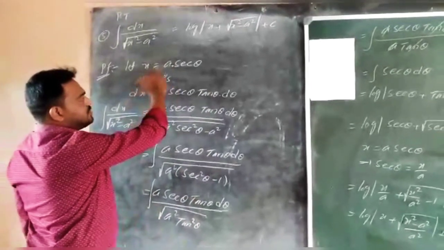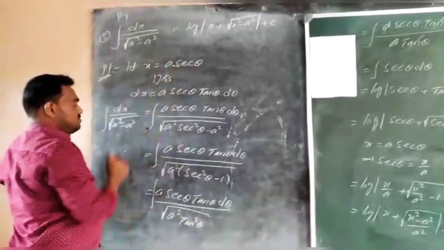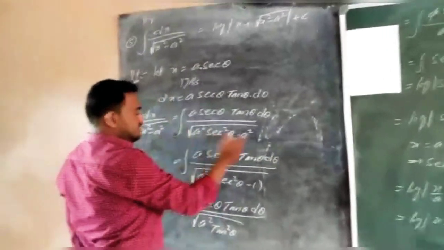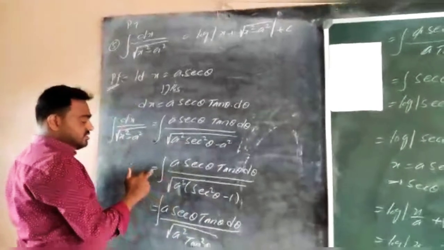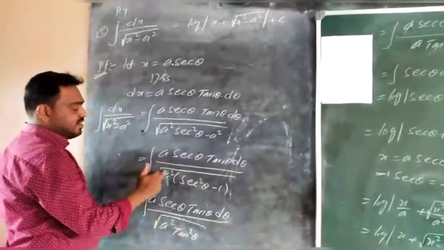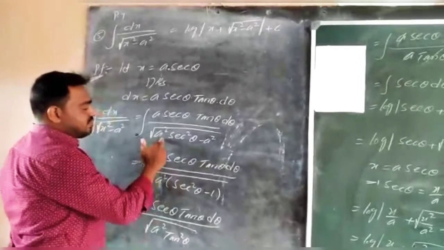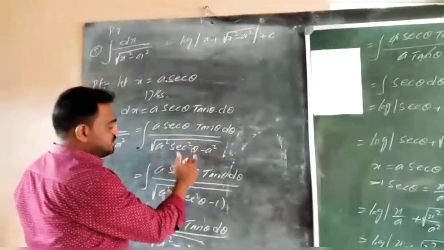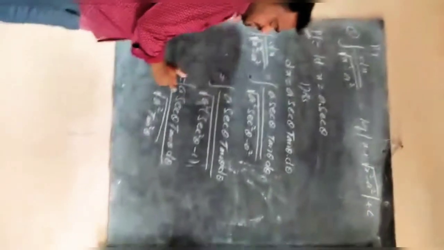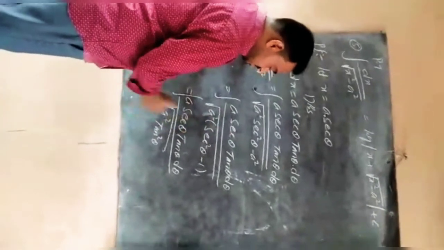And x is equal to a secant theta, so x square is equal to a square secant square theta, minus a square as it is. Next, that is equal to the integration of the numerator, same idea. In the denominator, in the square root, a square is common. So what remains? Secant square theta minus 1. That is equal to the integration of the numerator as it is written.